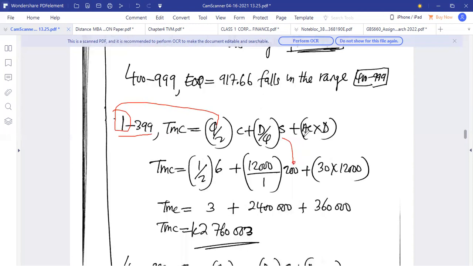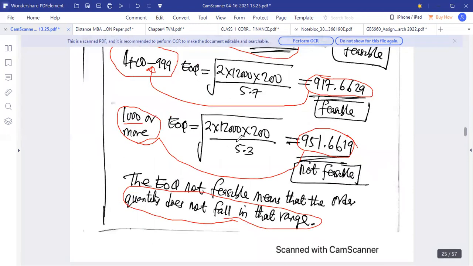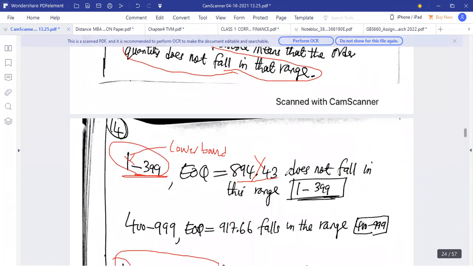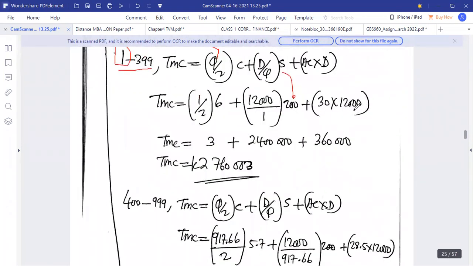Then the unit price for this one, the acquiring cost per unit, is 30. So 30 multiplied by 12,000 gives us 360,000. Then here you're getting this amount. So the total material cost for this range is 2,760,003 kwacha. So that is for that range.